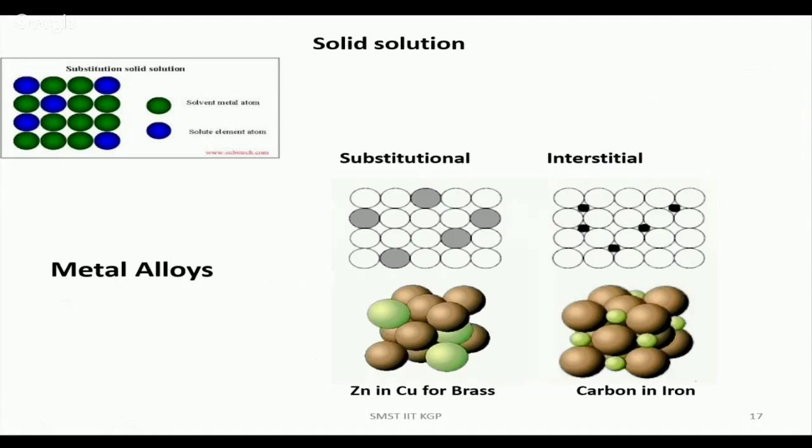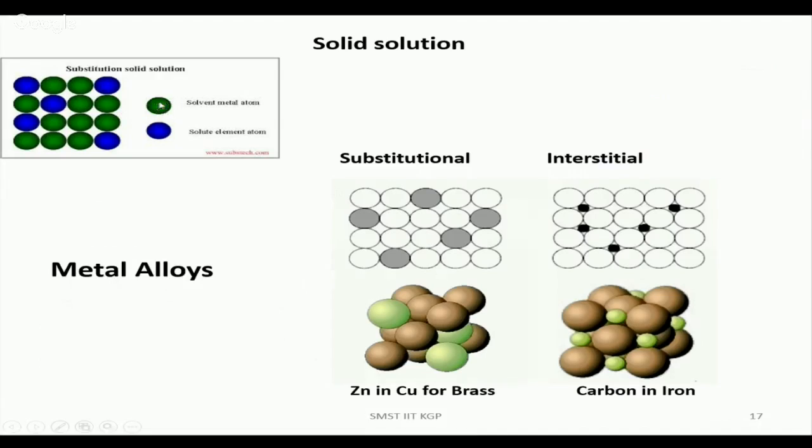Similarly here, in case of solid solutions, there is a solvent. The major phase is a solvent, and there is a secondary phase, which is a secondary element, called solute. So always solute will be dissolved in the solvent.